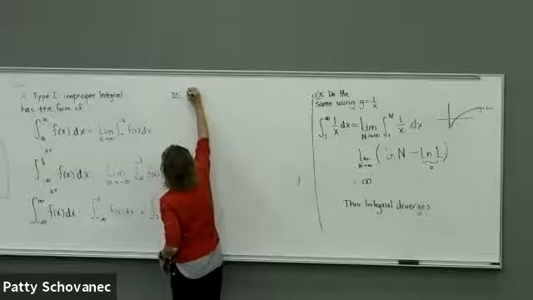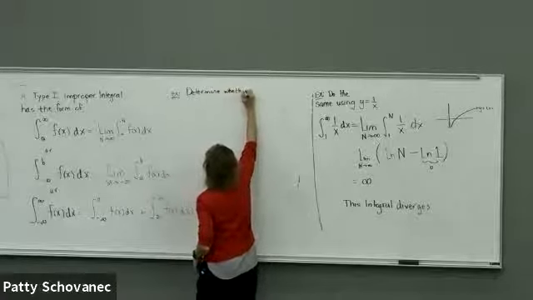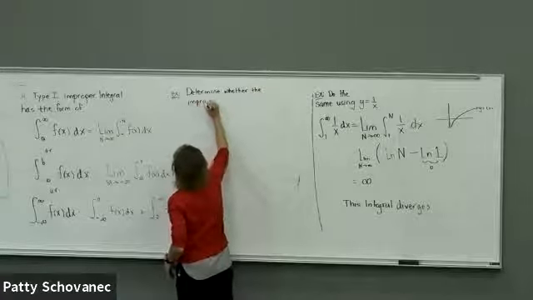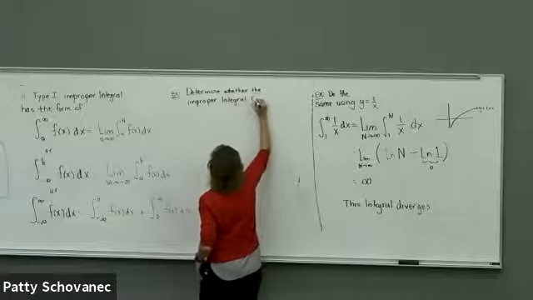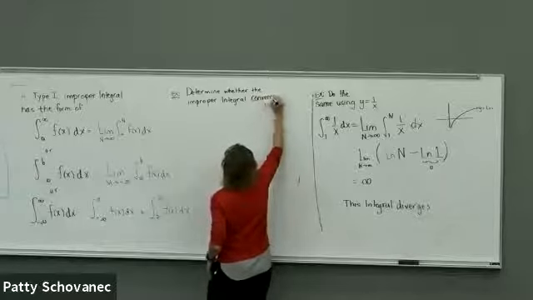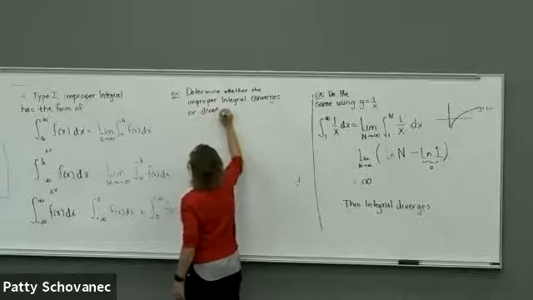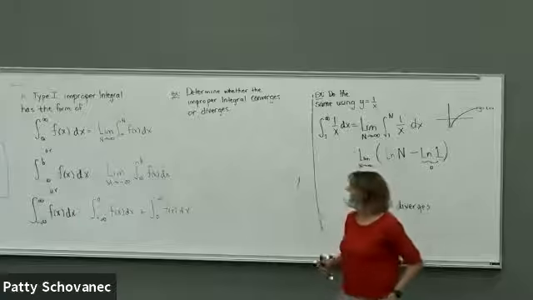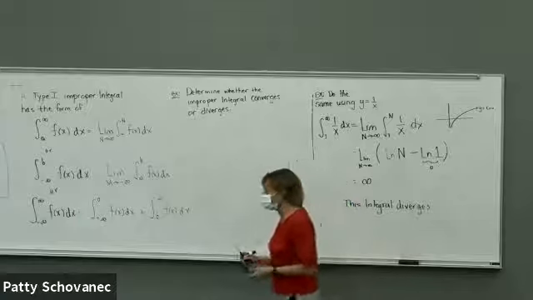The instructions from here on out are: determine whether the improper integral converges or diverges. If it converges, tell me what it converges to. If it diverges, does it diverge to plus infinity or to minus infinity, or for whatever reason, tell me.